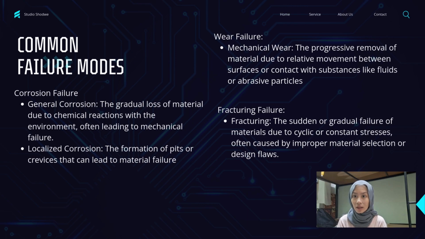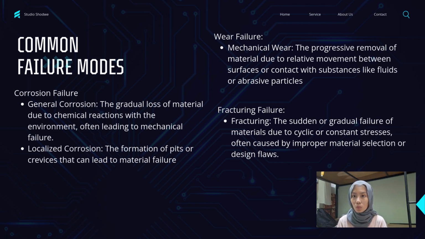Corrosion failure happens when a chemical reaction occurs with the environment, often resulting in material failure. The location of corrosion is on a pipe, and corrosion can lead to a material failure.